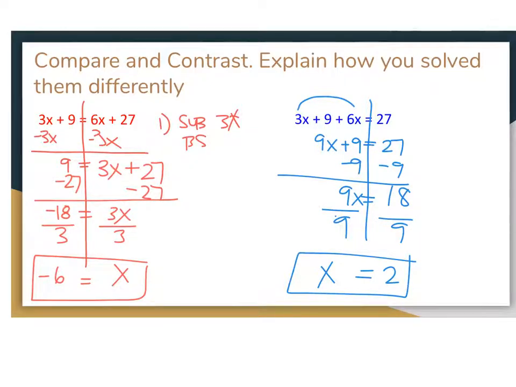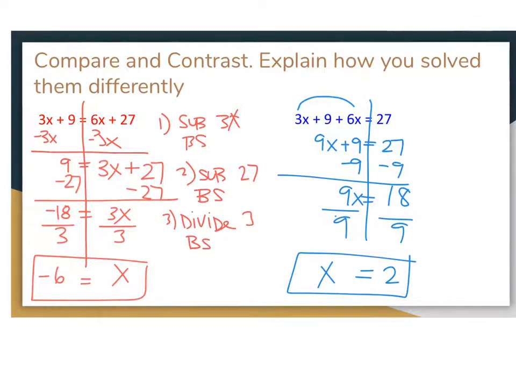Then once we did that, we subtracted 27 on both sides to get the x by itself. That was our starting process, right? Then step 3, divide by 3 on both sides to get x by itself.